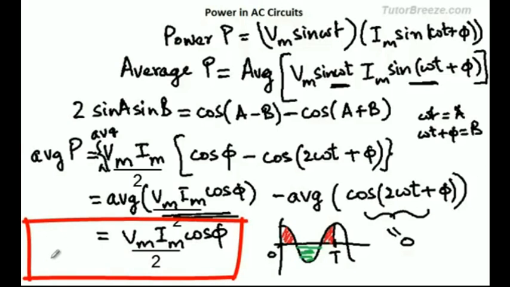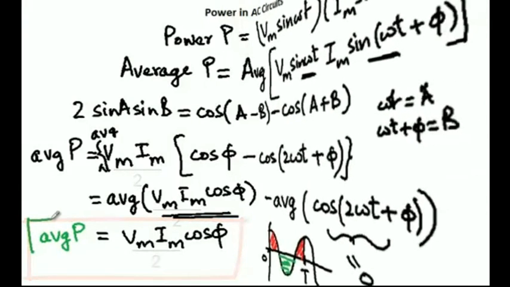So we finally get the average power P equals Vm. Let me just write this once again.